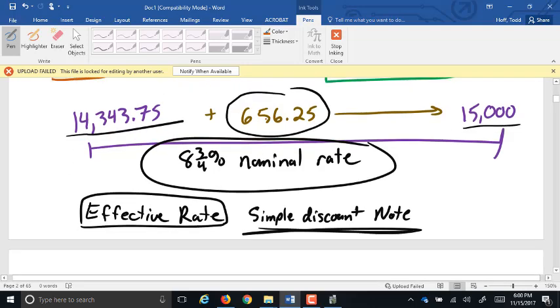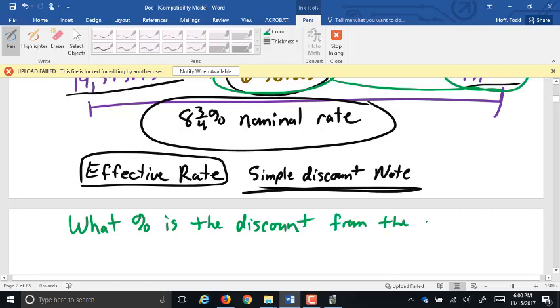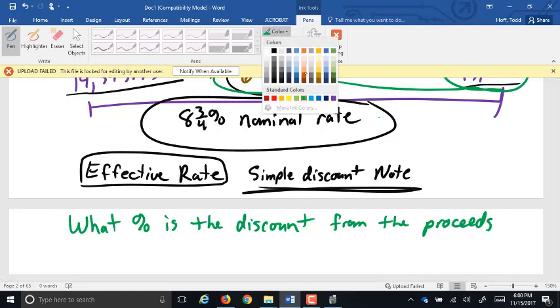So the effective rate on a simple discount note, because the discount is originally figured off of that face value, which is the maturity value, we need to go back and figure out what percent is the discount from the proceeds. In other words, the money you actually get.